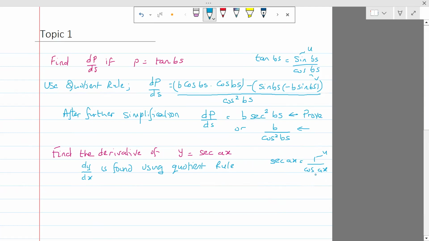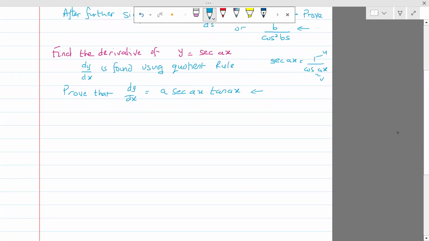So I'm going to take this one as u, this one as v. So then you can prove that dy by dx using the quotient rule will be equal to a sec ax tan of ax. This is also as a classwork. You can work through this. So there are many other types of questions that we can have involving the quotient rule.